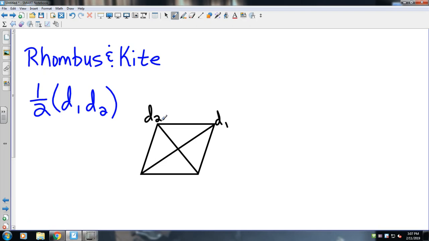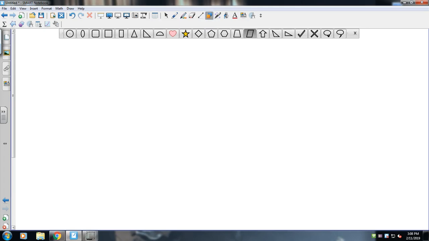And so now let's go a little bit more difficult. Let's find the area of a regular, let's just do a pentagon. So take that there, and a regular pentagon means all of the sides are going to be the same, and all of the angles are going to be the same.